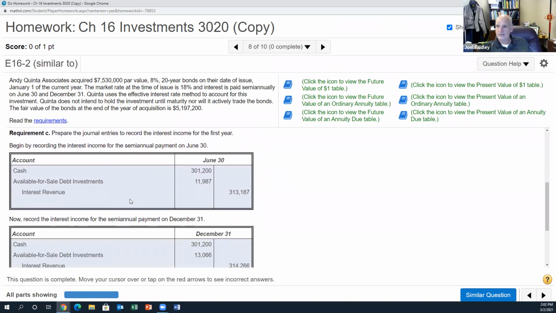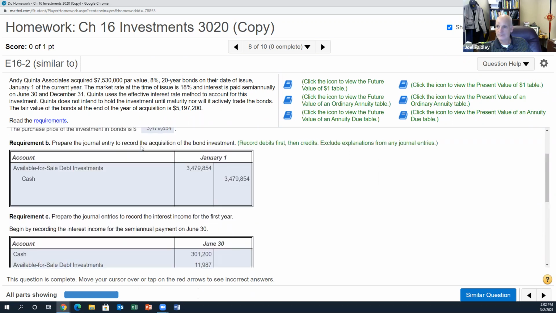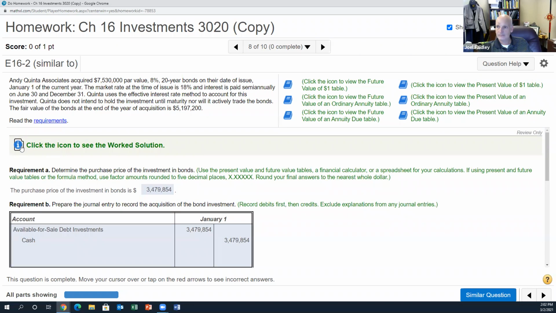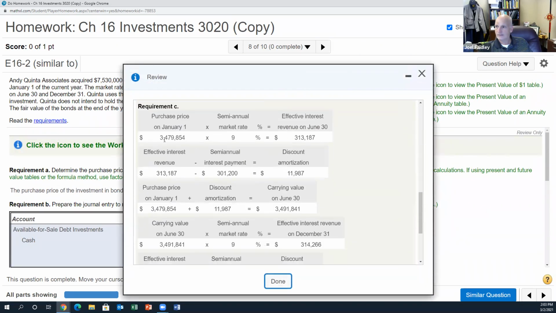So the first period, I'm going to recognize interest revenue, which is going to be 9% times this balance of my available for sale debt investments. Right there, 3,479,854. They say purchase price, but again, this is net of after you're doing the amortizations.